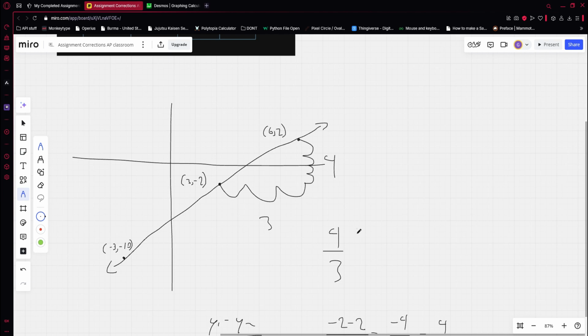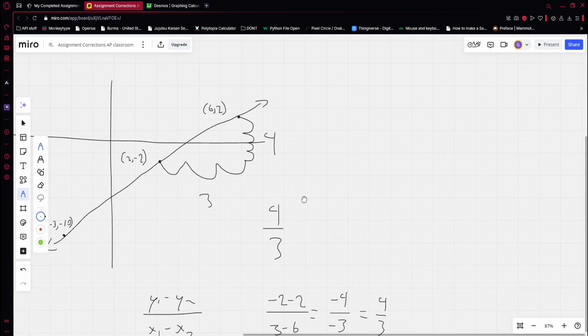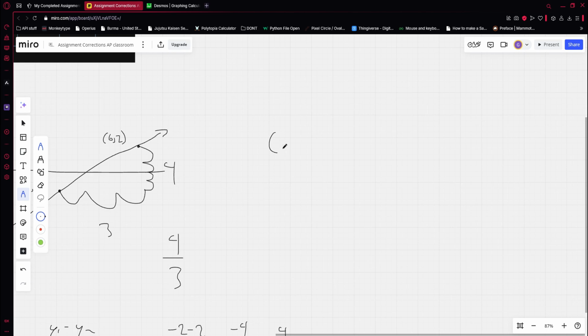So what are we going to do with that? Well, one cheeky little thing you can do is, we're trying to get to 13, right? The closest point we have to 13 is (6, 2).